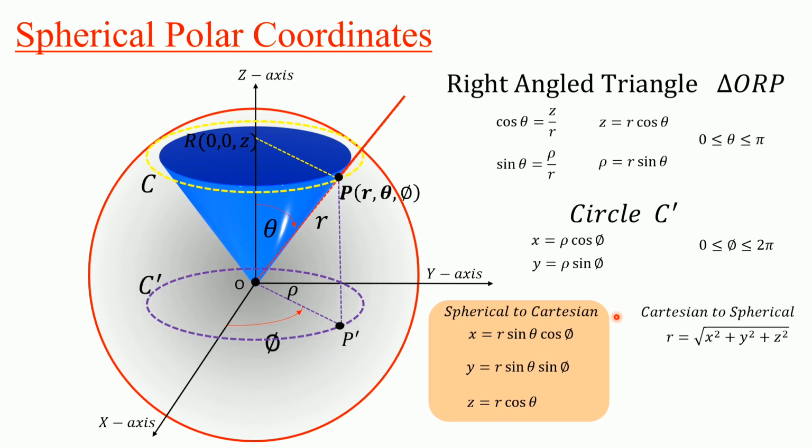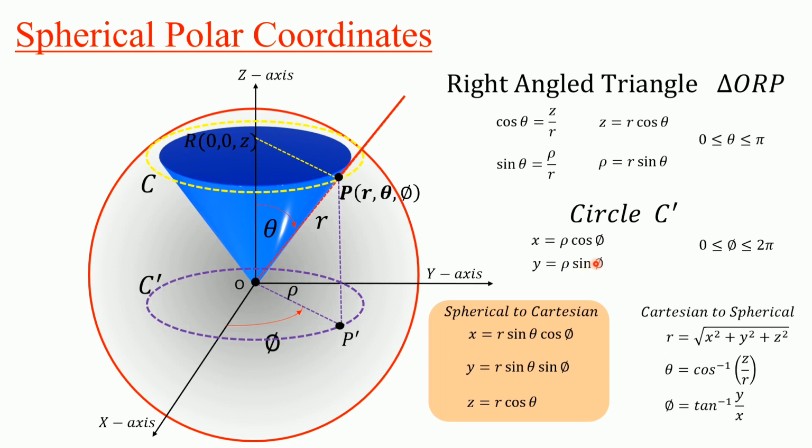By the distance formula, r square will be x square plus y square plus z square, and therefore r is under root x square plus y square plus z square. We have seen that z is equal to r cos theta, therefore theta is cos inverse of z by r, and phi will be tan inverse of y by x.